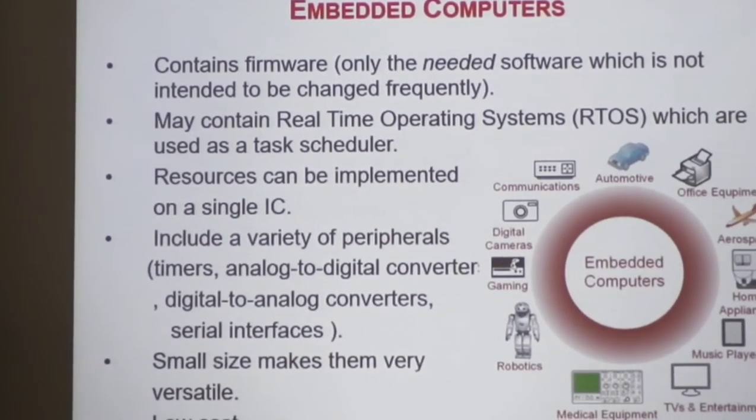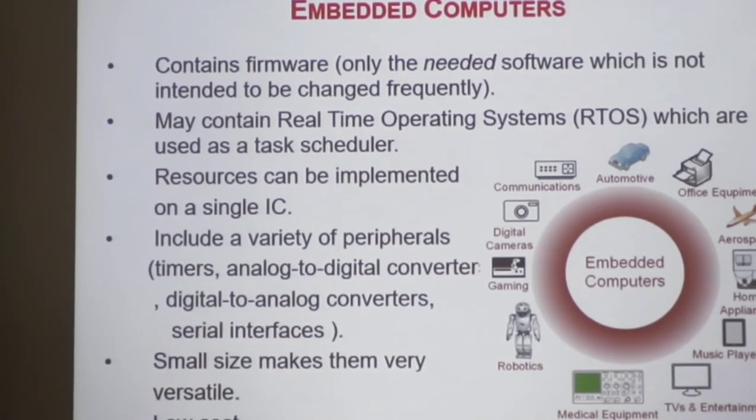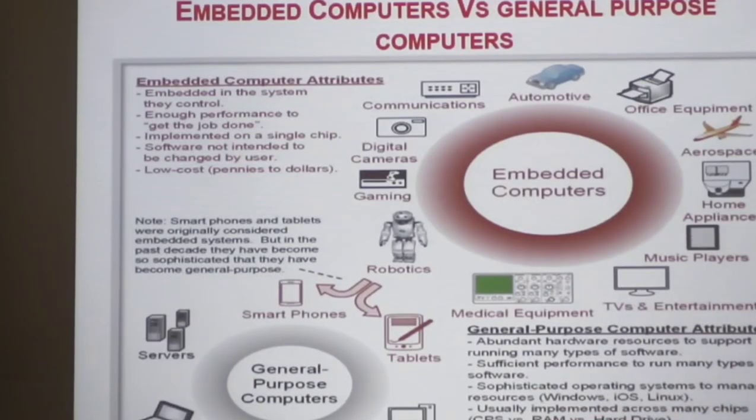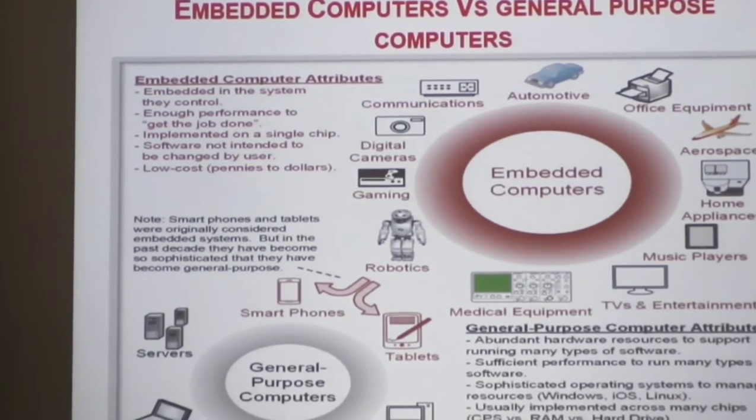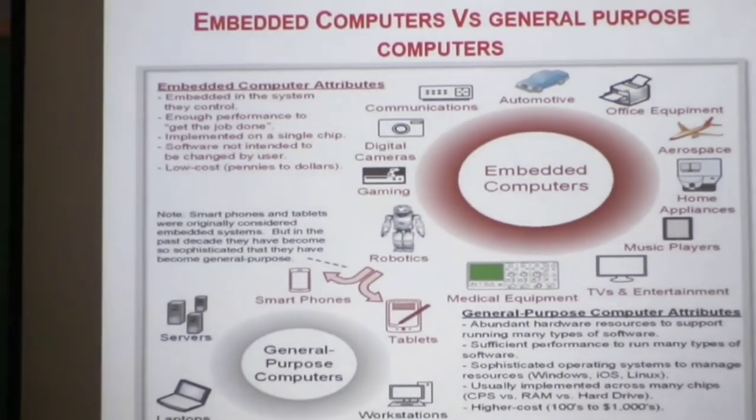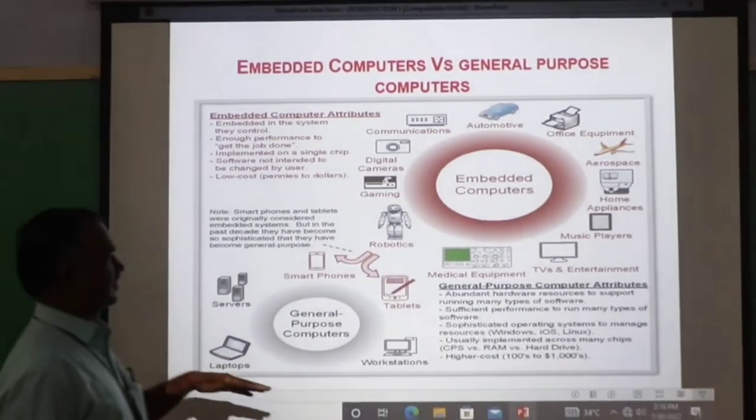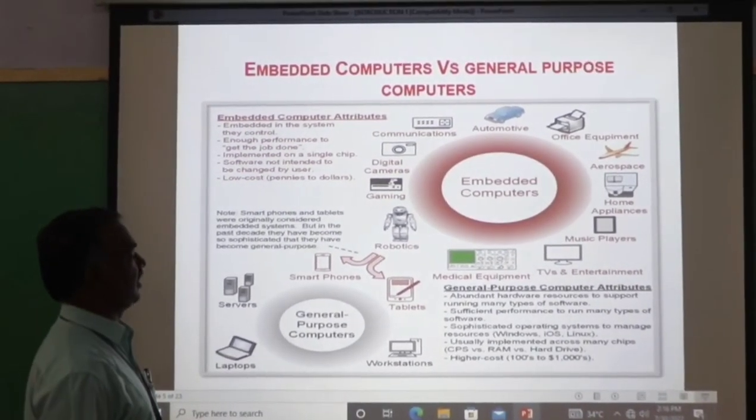It may include a variety of peripherals, and the size of the system will be very small compared to general purpose computers. The cost of the embedded computer is also very low compared to general purpose computers. So these are the basic differences between general purpose and embedded computers.